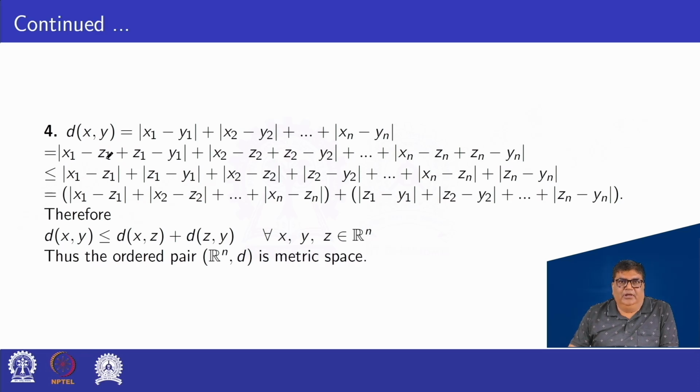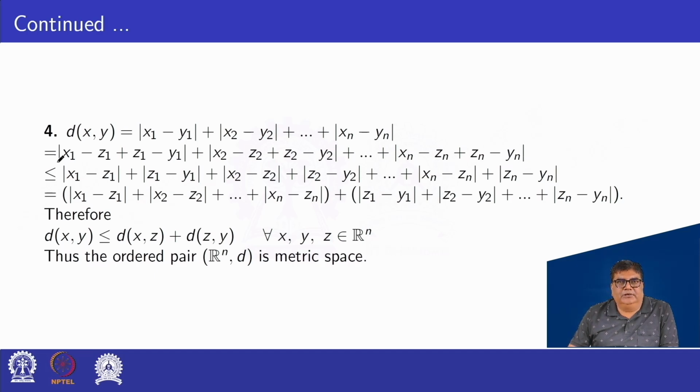Here we have added z1 and subtracted z1, that is x1 minus z1 plus z1 minus y1, that is there is no change in first term. Similarly, second term can be written as x2 minus z2 plus z2 minus y2 plus and so on. Last term can be written as xn minus zn plus zn minus yn.